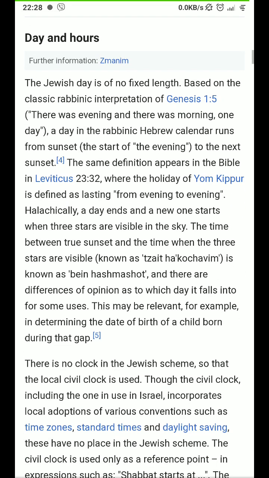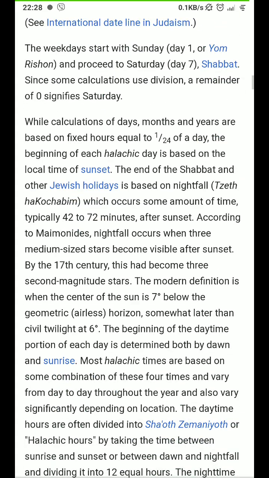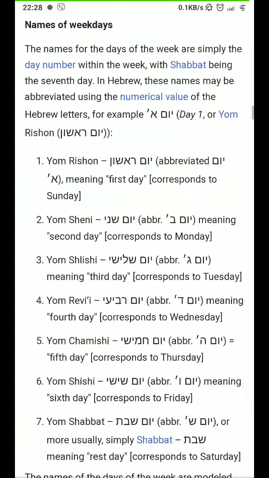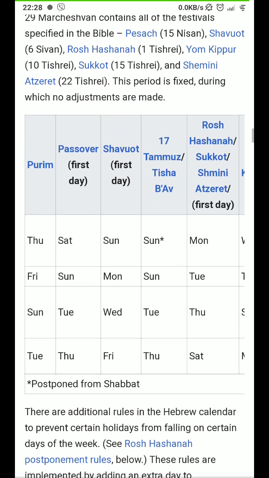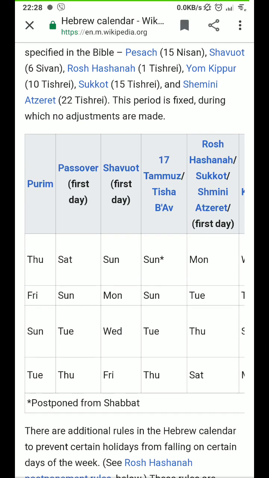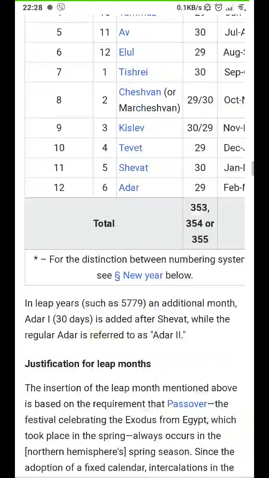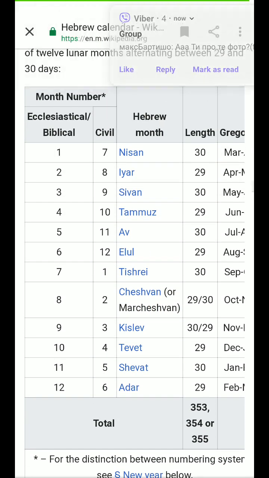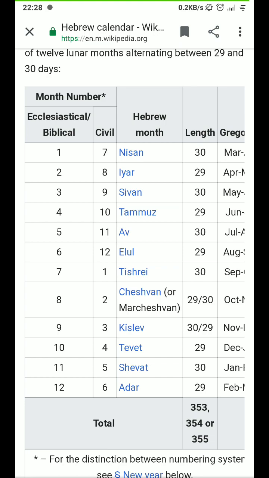So let's go further. Components. What do we have here? So here we can see the length of each month, and we see it's similar to our modern calendar, but we have 30-31, and they have 30-29.